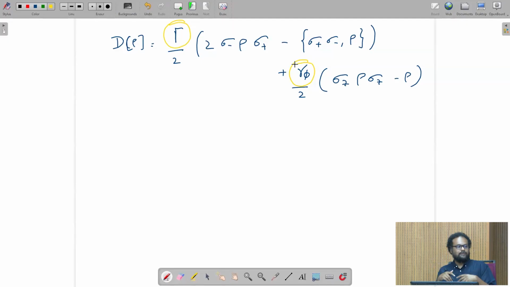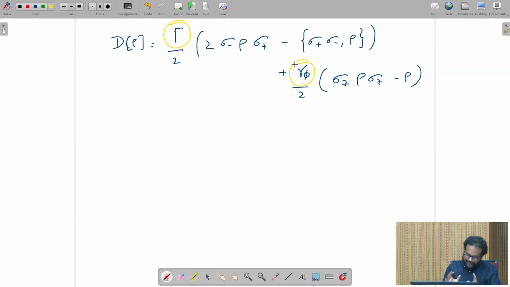Some gamma term which, if I put it back in my differential equation, will correspond to a simple mono-exponential decay of whatever coherence or population I'm looking at. And in fact, a more elaborate microscopic theory can also give a similar kind of framework.